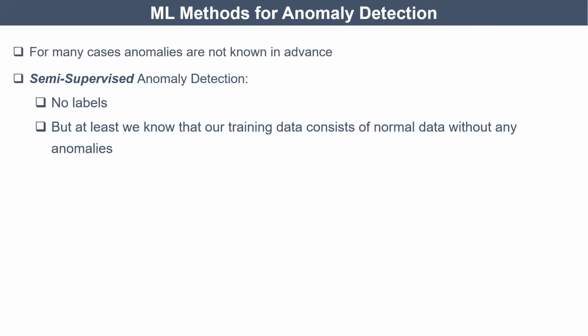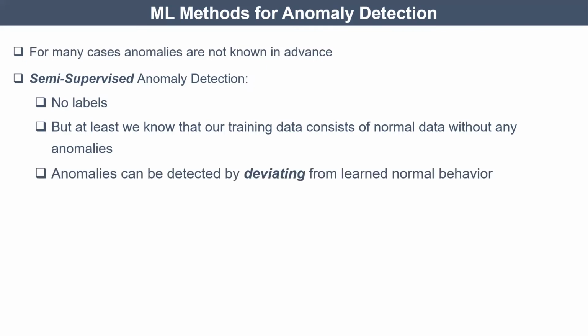Once we know that there are no anomalies in the training data set, then we are happy. In that case, we train our model on healthy data, on nominal data, and then we detect anomalies once the observations deviate from the learned normal behavior.